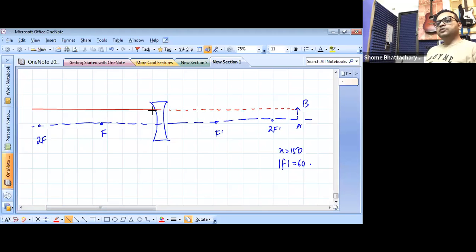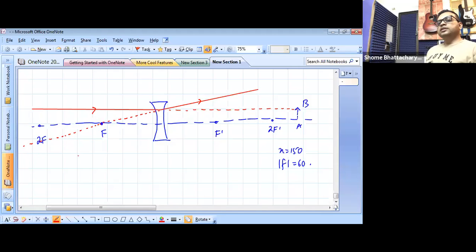It will diverge as if it's coming from the focal point. This ray would have gone to this point had there been no lens over here, but now it diverges as if it is coming from this point.